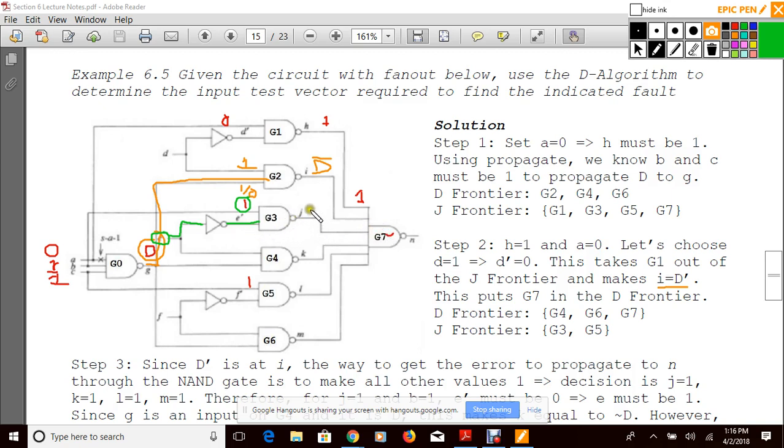So what I want is a 1 here. So in order to do that, I have to have F equal to 0. I have to have E bar equal to 0. Therefore, E has to be equal to 1. That puts 1 here on G4. So I'll make E equal to 1.